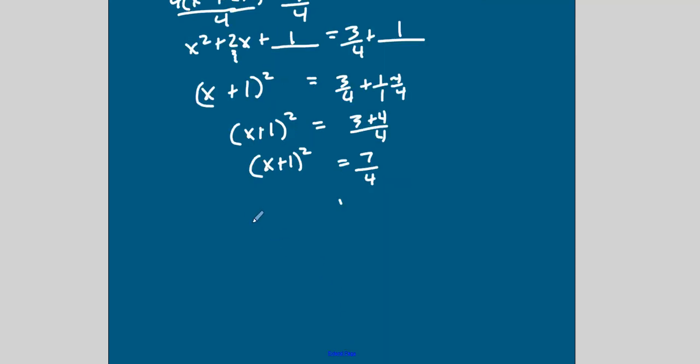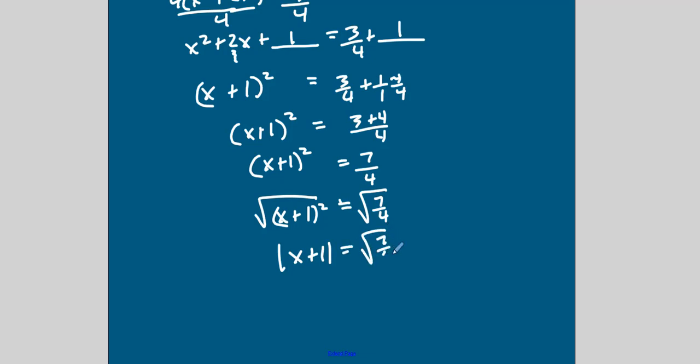Now you should have taken the square root of both sides. I'm taking the square root of a square, so that becomes the absolute value of x plus 1 equals square root of 7/4.